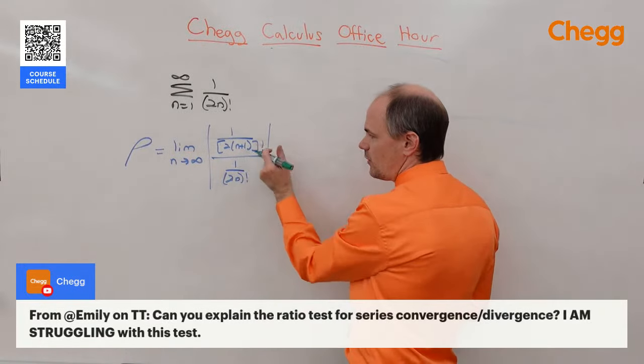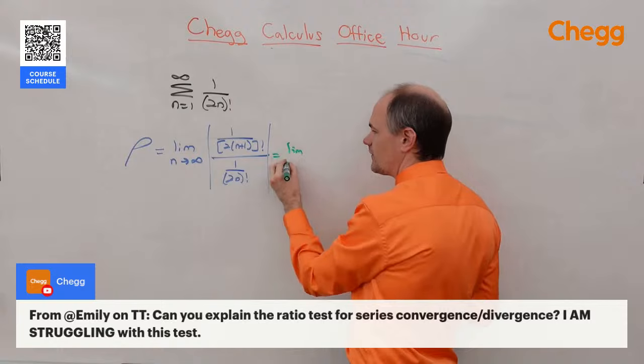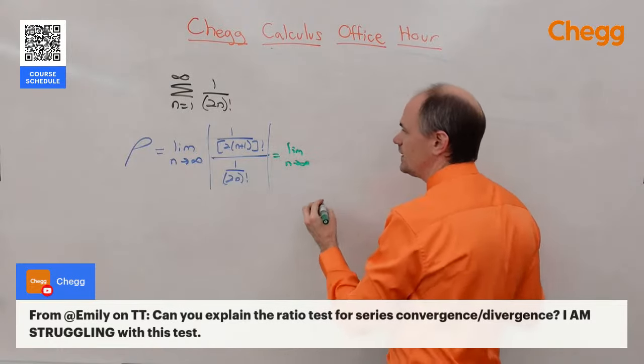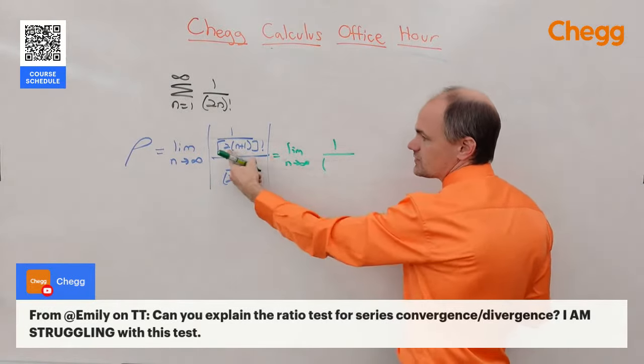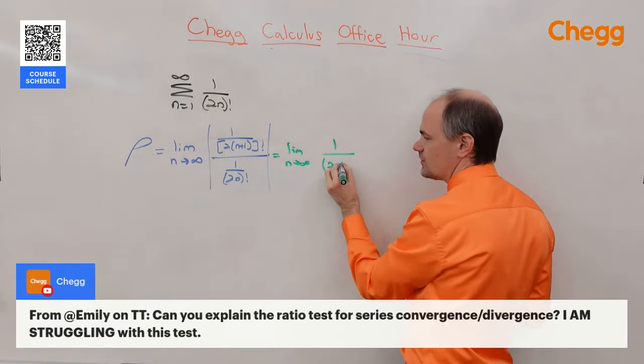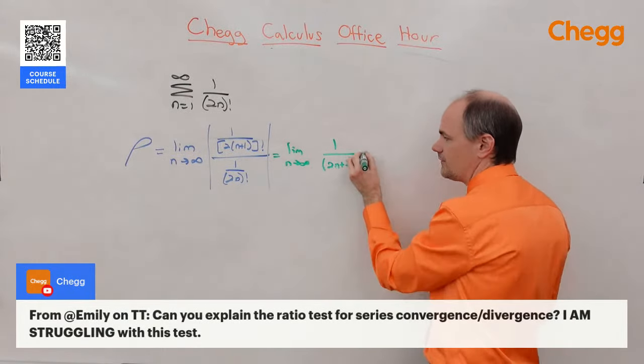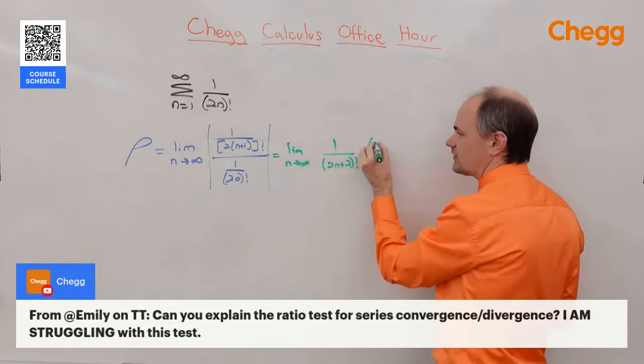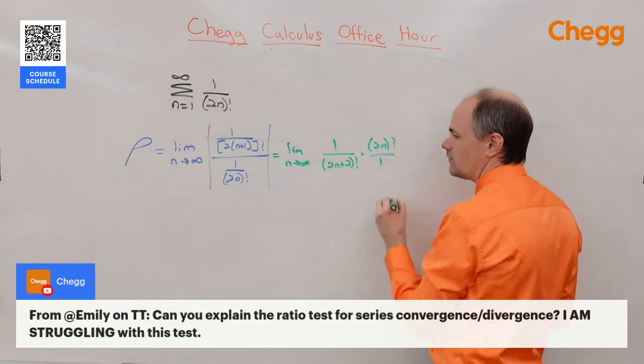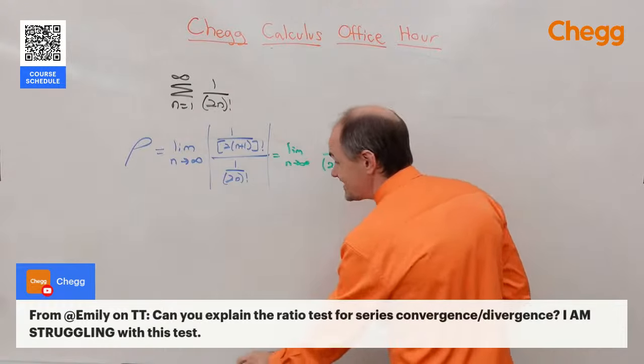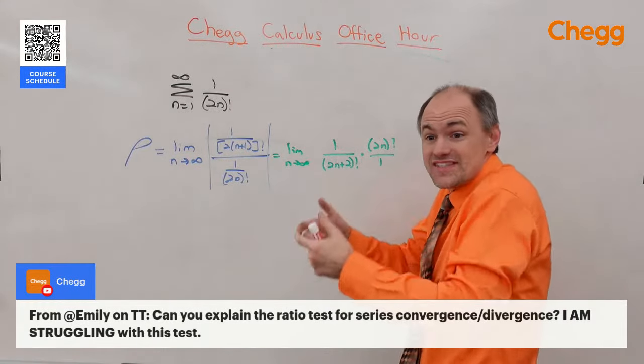I'm going to simplify this by multiplying by the reciprocal. So we have the limit as n goes to infinity of 1 over (2n plus 2) factorial, times (2n) factorial over 1. What's nice about factorial is it counts down.